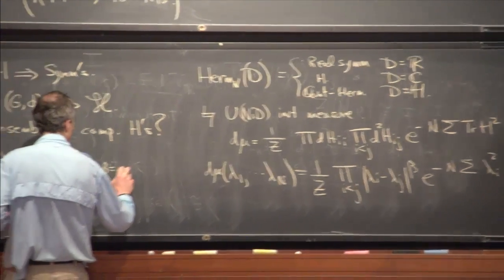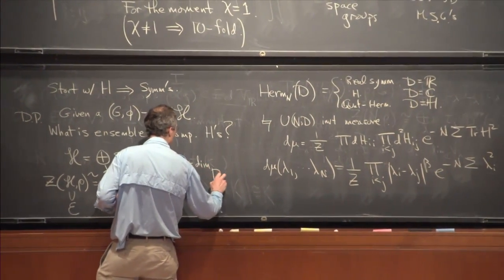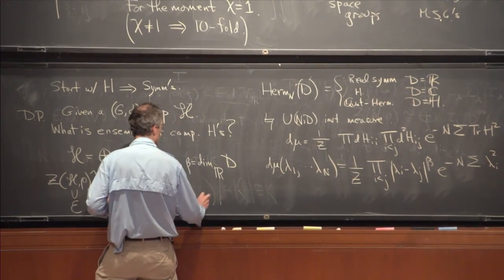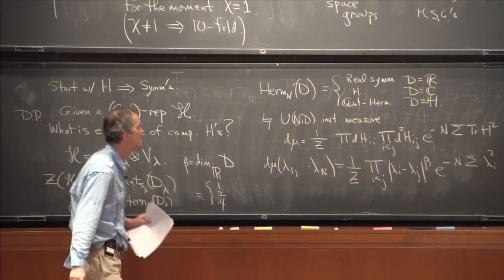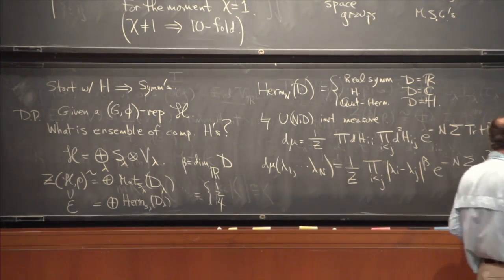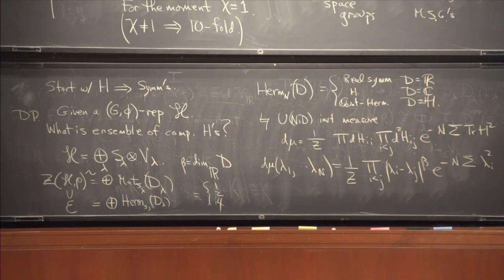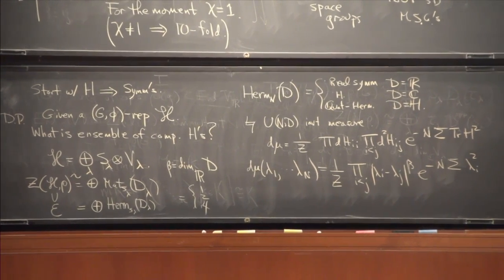So beta is the dimension over R of my division algebra. In other words, it's 1, 2, and 4. You see that because of that beta, we're going to have different kinds of statistics.